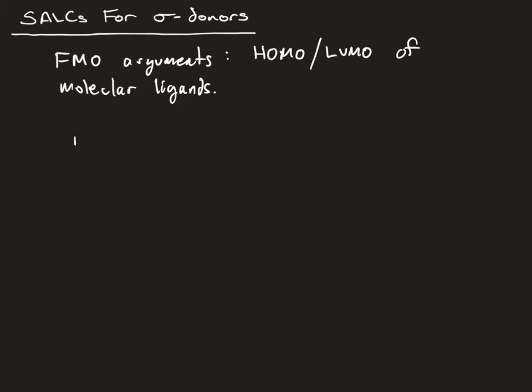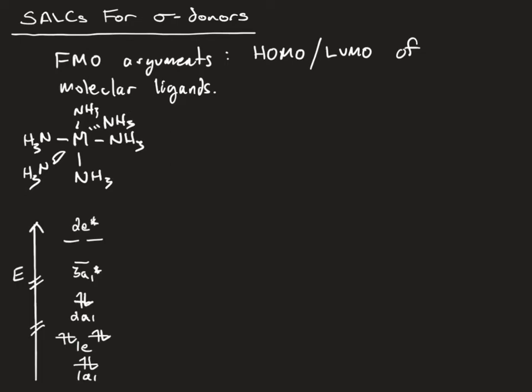So let's consider a hexamine complex in Oh symmetry. The qualitative MO diagram for ammonia is depicted here with that 2a1 representing the HOMO and the 3a1 star, the LUMO.